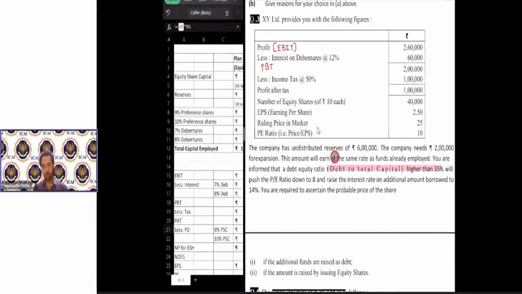This amount will earn at the same rate as the funds already employed. You are informed that a debt equity ratio, which is debt to total capital, higher than 35% will push the PE ratio down to 8 and raise the interest rate on additional amount borrowed to 14%. You are required to ascertain the probable price of the share.